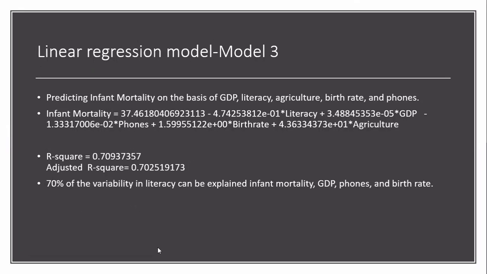So going to the next model, the other model we built was to predict infant mortality on the basis of GDP, literacy, agriculture, birth rate, and phones. In the same way, we calculated the model for this regression, and we obtained an adjusted R squared of 0.70 that basically explains that 70% of the variability in infant mortality can be explained by those factors. Also, the assumptions for this regression model were checked and met, and with that we validated this was a good model.